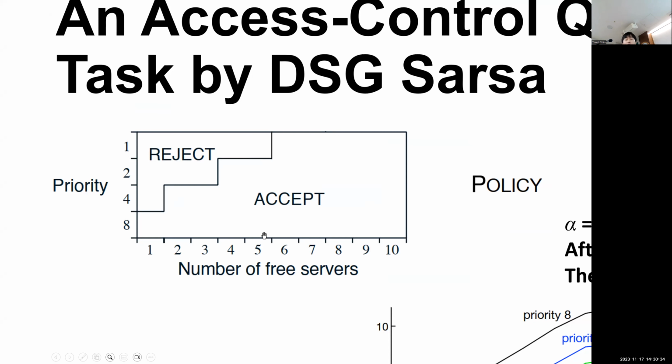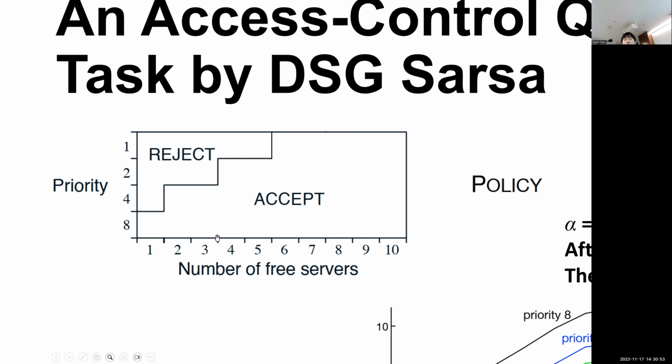If we have below 50% but above 30% of servers available, we need to reject the priority 1 jobs.